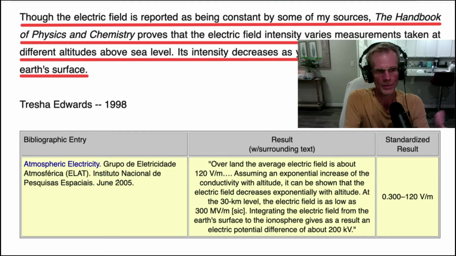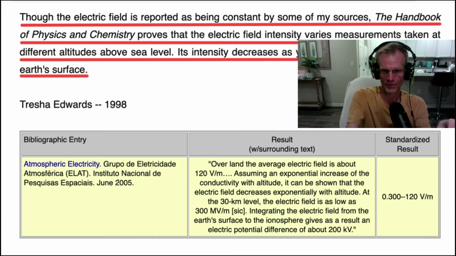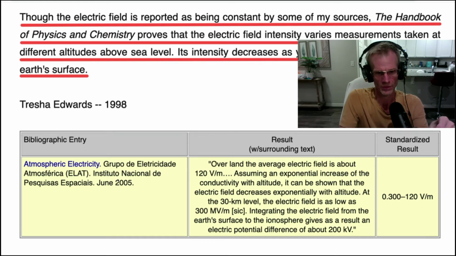So this little quote here, I just want to give a source for what I'm saying, so that you can see from the atmospheric electricity textbook, this particular book, it talks about what I'm saying about the average. They put 120 volts per meter, 100 or 120, I mean, it's pretty close. But you can see that in this study, at about 30 kilometers, the electric field is as low as 300 millivolts.